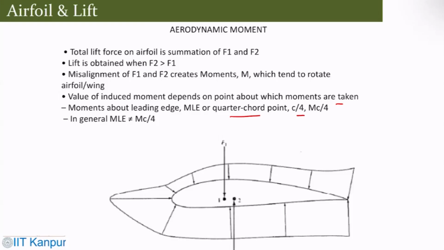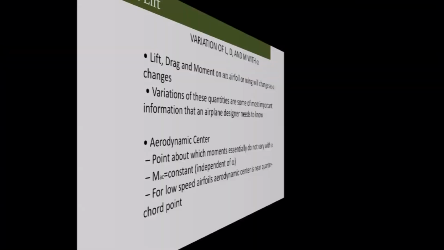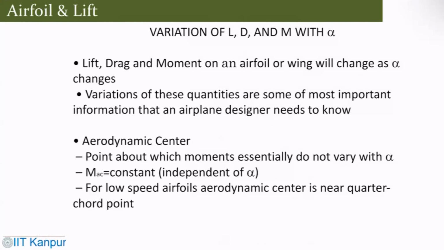Now, you have this variation of the lift force, drag force, and moment with alpha. Lift, drag and moment on an airfoil or wing will change as alpha changes. Variation of these quantities is some of the most important information for the airfoil designer.